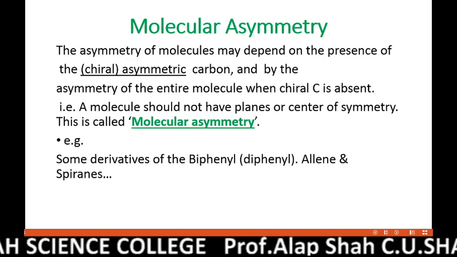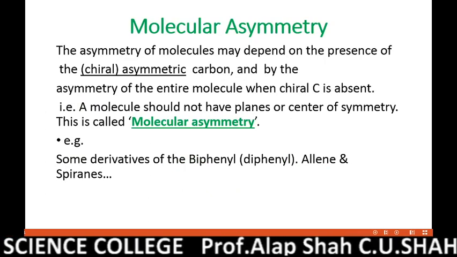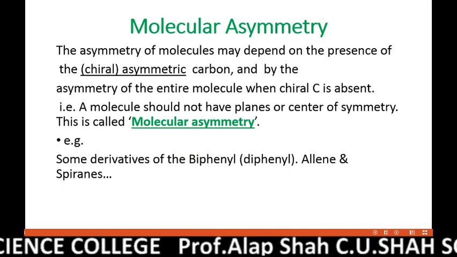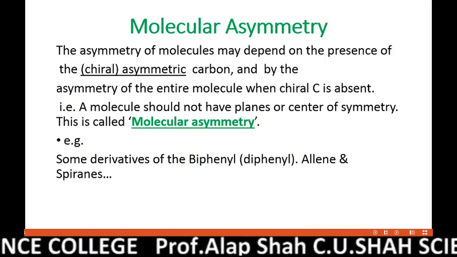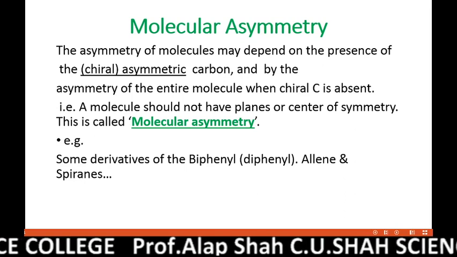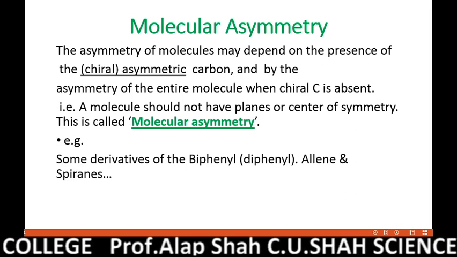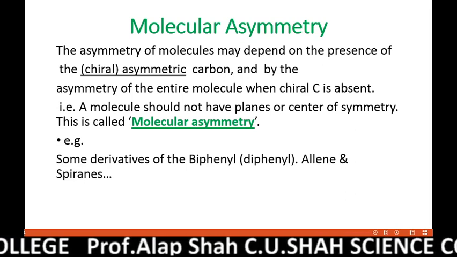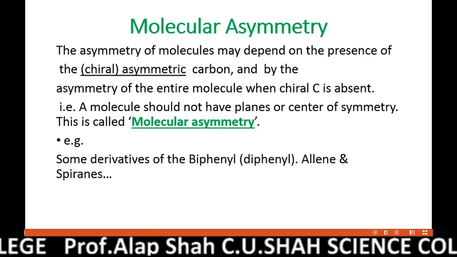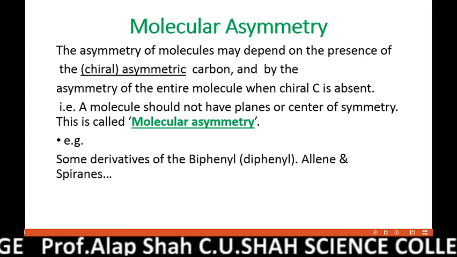Now let us understand molecular asymmetry. The asymmetry of molecules depends on the presence of a chiral or asymmetric carbon, and in its absence it depends upon the entire molecule.